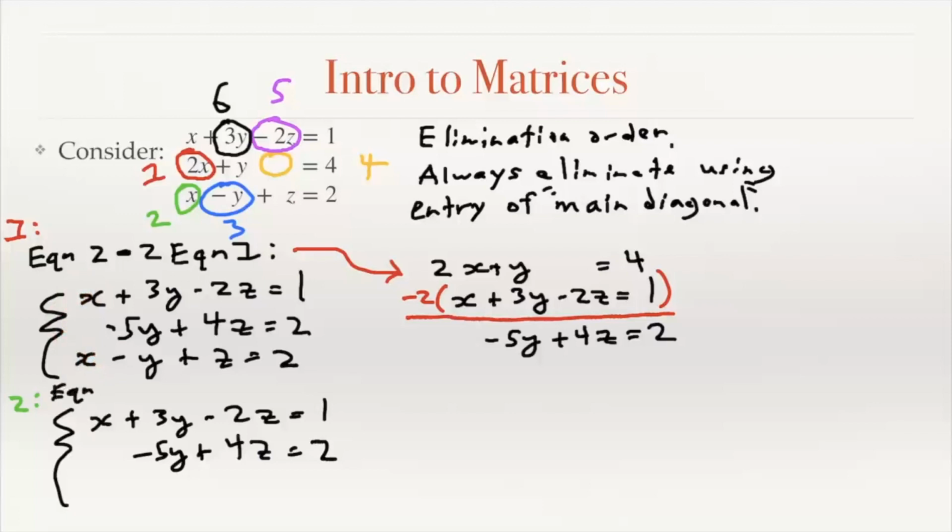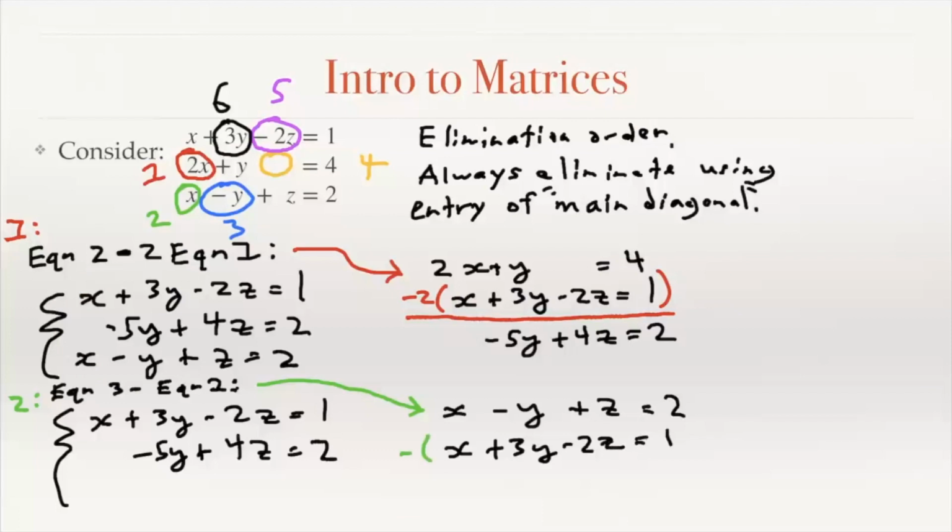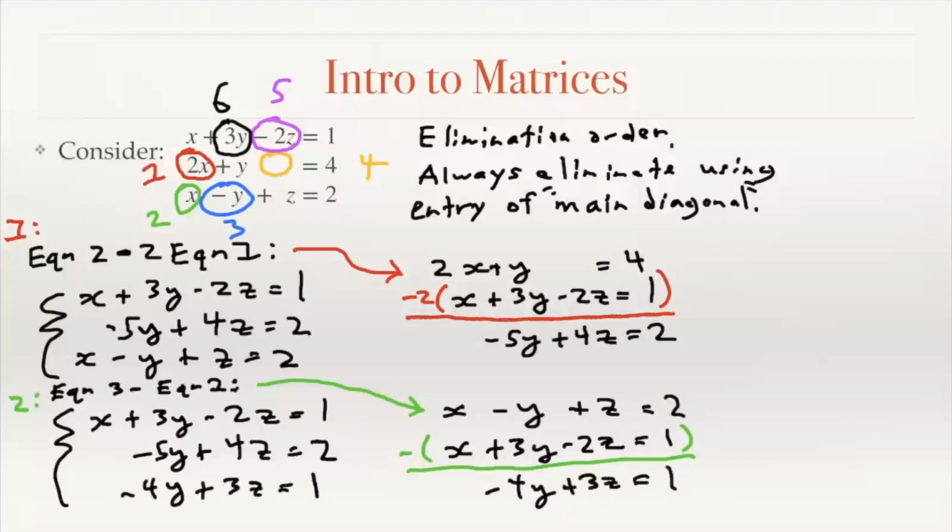So we can do equation 3, simply minus equation 1, no need to scale it. So doing that subtraction, we have x minus x goes away is the point, minus y minus 3y is minus 4y, z minus negative 2z is 3z, and 2 minus 1 is 1. So that completes steps 1 and 2.